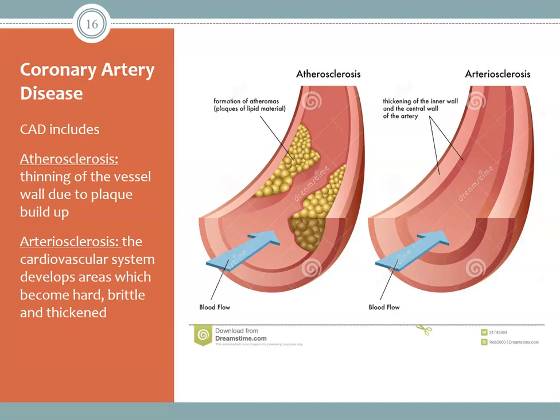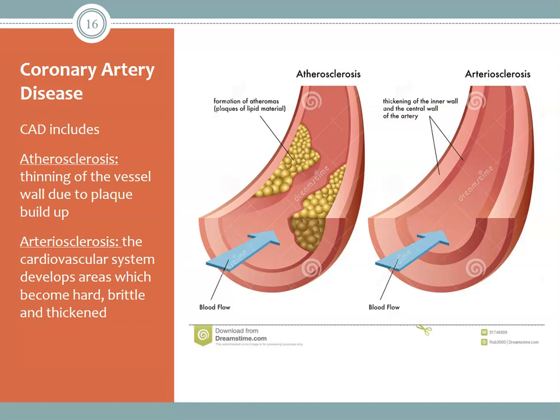You can see that in the picture there, right? The plaque builds up there in the vessel, causing blood flow impediment. And then arteriosclerosis, this literally the vascular system, the cardiovascular system has raged, the blood pressure has raged so hard that it has caused the arteries to develop areas where the thinning of the inner wall of the artery, and it becomes hard, brittle, and thickened.